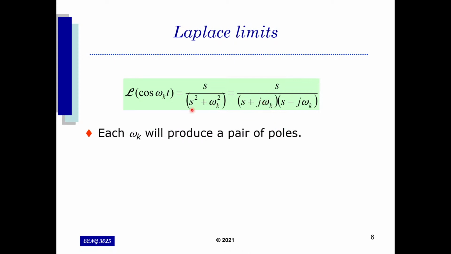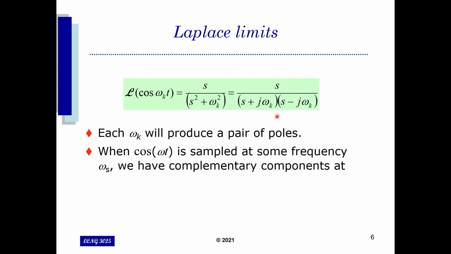So when we factor out the denominator here, being s plus j omega k, s minus j omega k, that means we're going to have a pair of poles around that omega k factor.